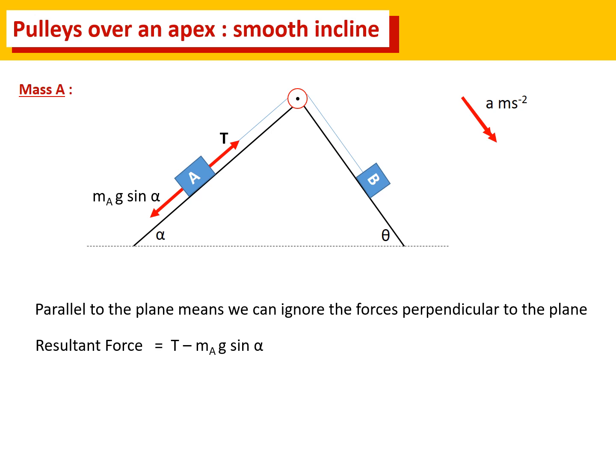So we remove those. Because it's a smooth incline, the normal reaction won't provide any friction, and therefore we can just remove it from the system. So the resultant force on A, as we can see, is T minus the weight component, which is the weight times sine alpha. Using F equals ma, we would obtain that equation.